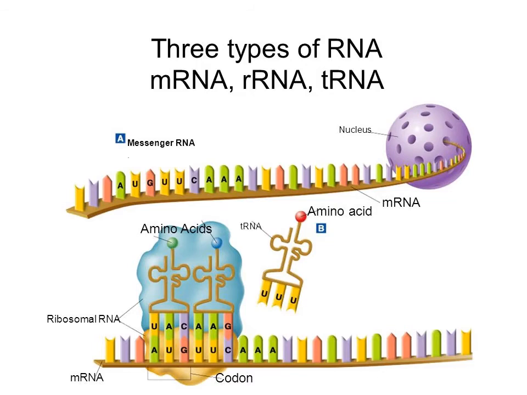And that is totally dependent on that codon that was on the mRNA. So you can get an endless array of proteins based on what that codon on the mRNA was coding for.